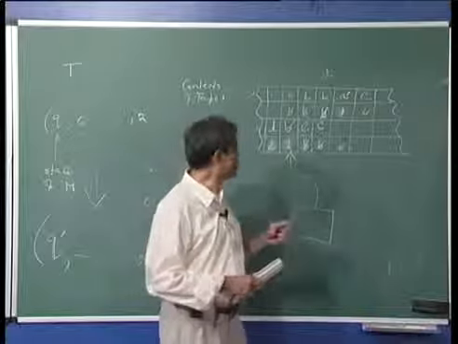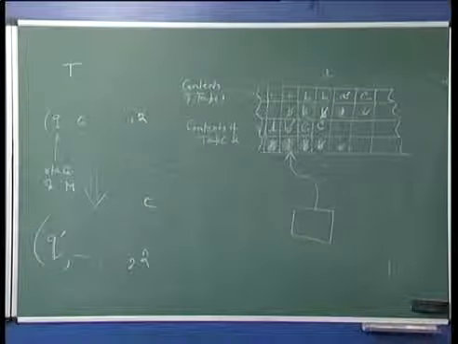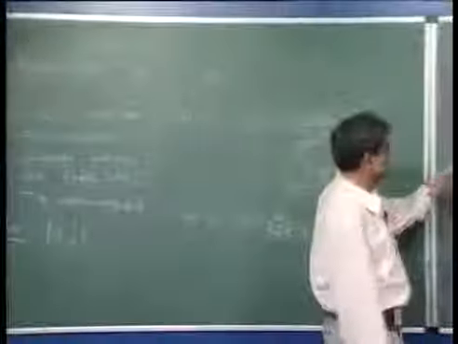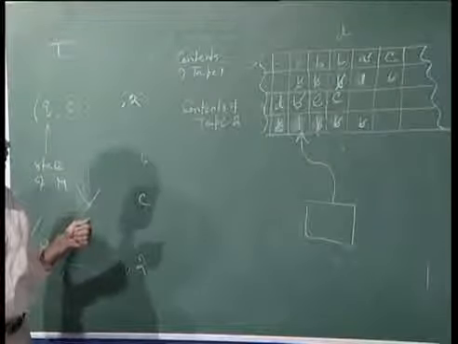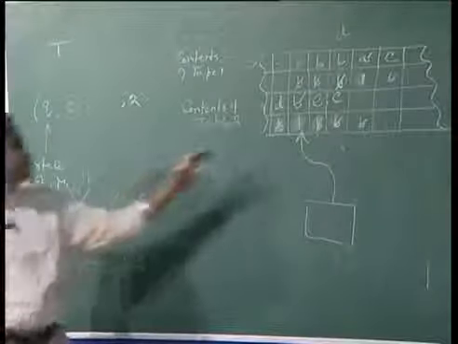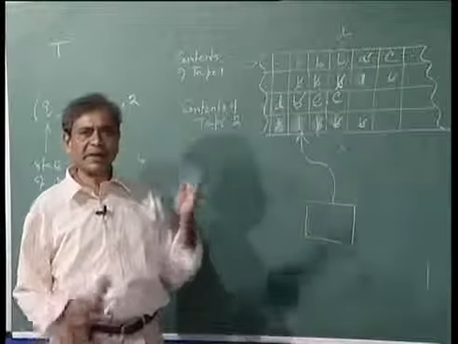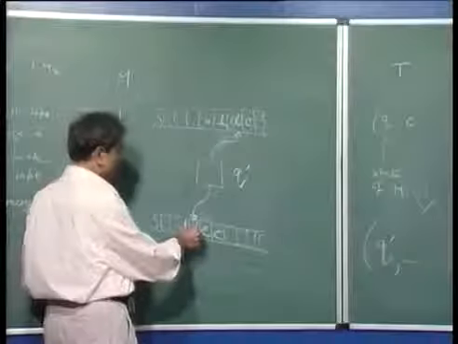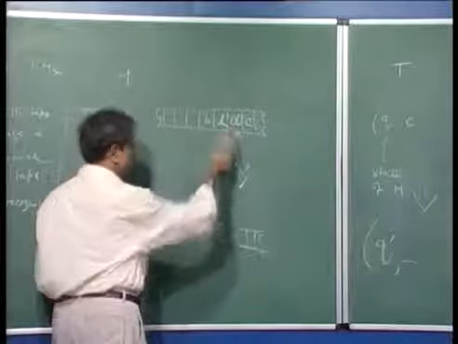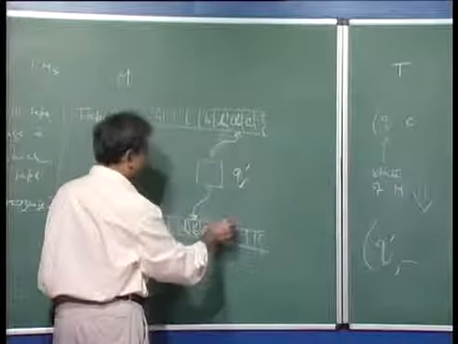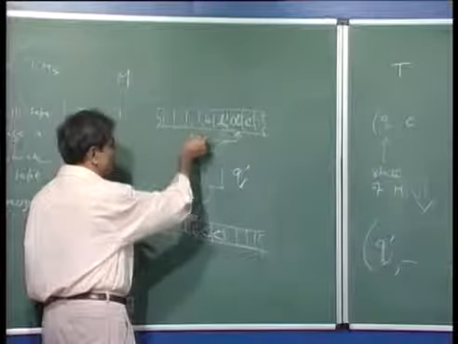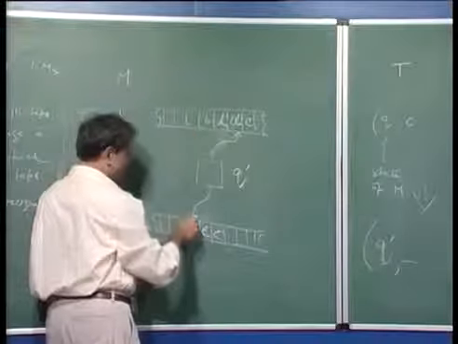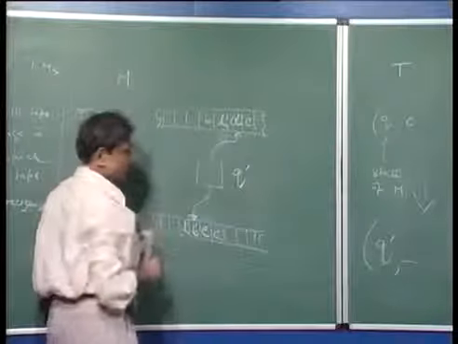Now, one slight detail that you should remember: in this step that we gave an example for, the relative position of the two heads is not changing, but it can so happen that right now this head is to the left of this, but this head can keep moving to the right and this head can keep moving to the left, and then sometime the head here will become, relative to this particular head, to the left in that representation.